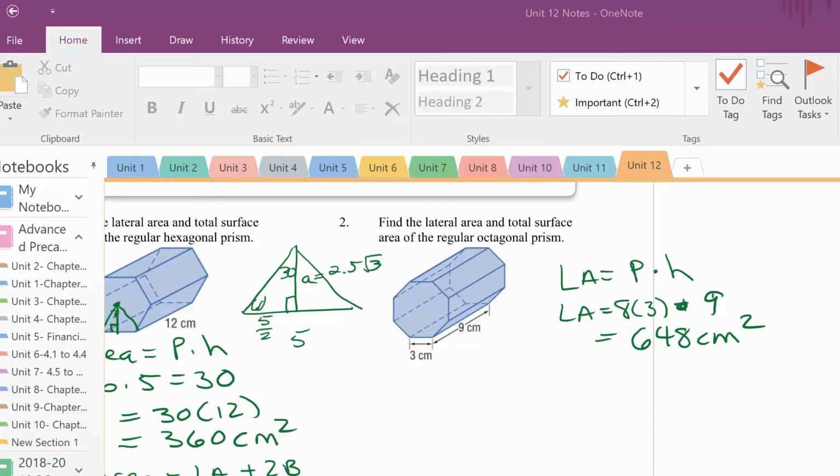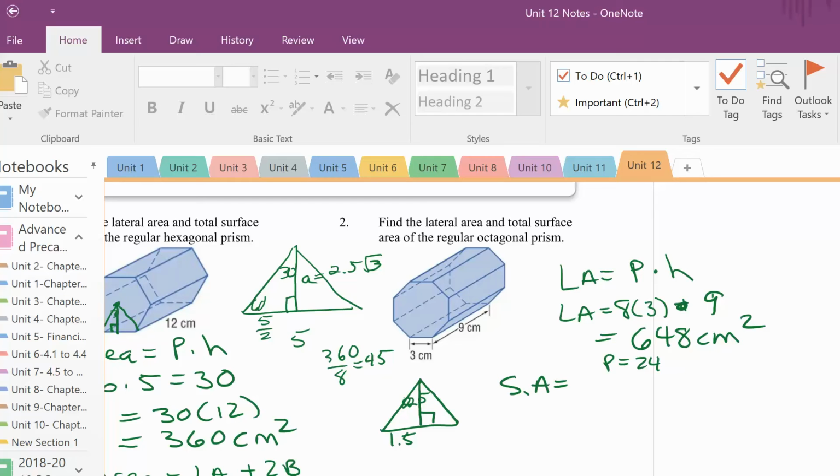Then we have to find the surface area, so we need to find the area of the two bases. Once again, it's an octagon. We know the perimeter is 24, and this is half of 3, which is 1.5. We've got to find the apothem. Remember, 360 divided by 8 is 45, which means that this is 22.5.